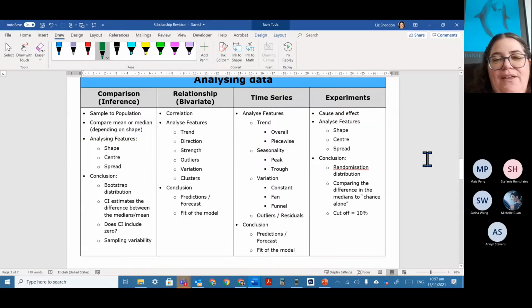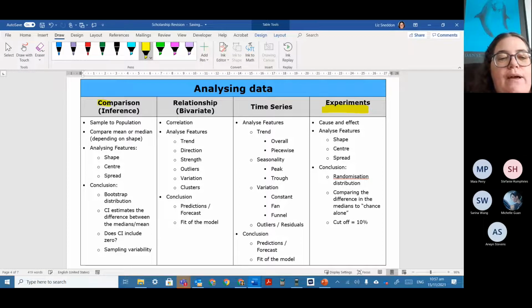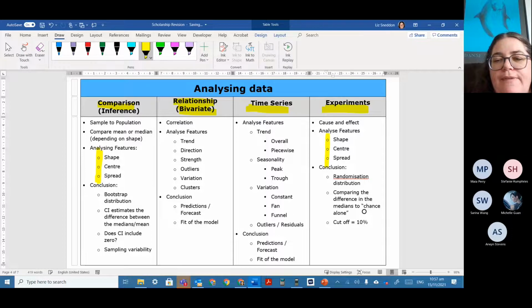Okay. So then we need to be able to analyze our data. This is when we've got observational data, there are the 4 different types of inference. This will be the stuff you're a bit more familiar with. We already talked about our experiments and how we analyze those. But then we've also got our comparison, doing an inference, looking for relationships, having a bivariate, and then our time series. So we've got our different features, shape, center, spread for experiments and comparisons.